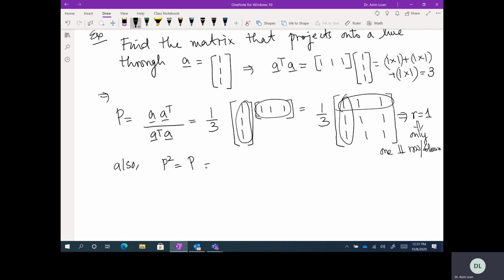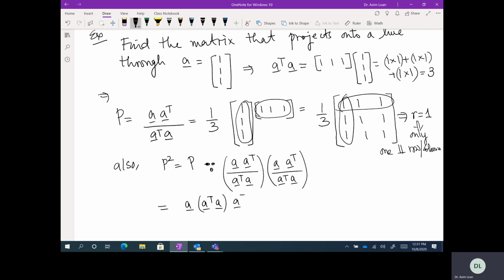This implies, because A transpose over A transpose A into A transpose over A transpose A. So this is equal to A transpose A, which is a scalar, into A transpose divided by A transpose A into A transpose A. So this is A transpose A whole square.